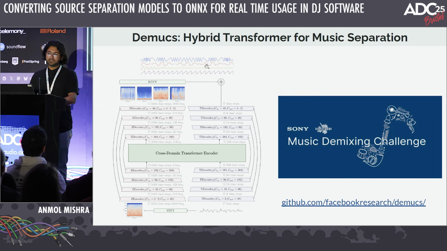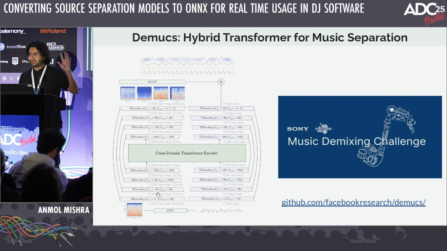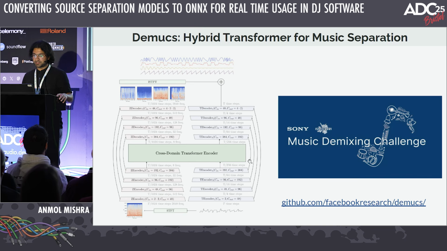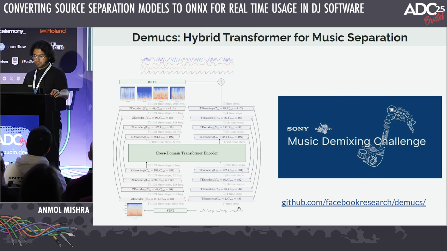I want you to look carefully at this diagram on the left. There's a lot of math here, or a lot of mumbo-jumbo, for people who do not work in deep learning. You can just cross out everything that's in between. It doesn't matter for you. The only things that matter are the ones on the bottom and the ones on the top. And why is that the case? Because you can think about Demucs as a model that has 2 different channels, or 2 different mediums, in which it operates.